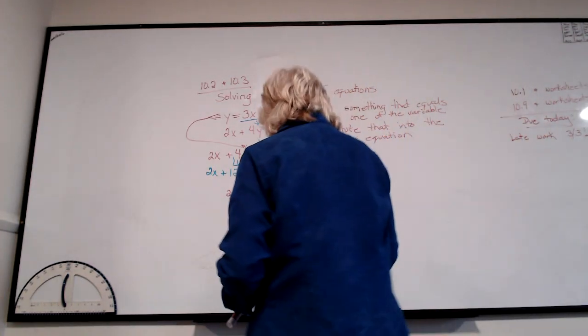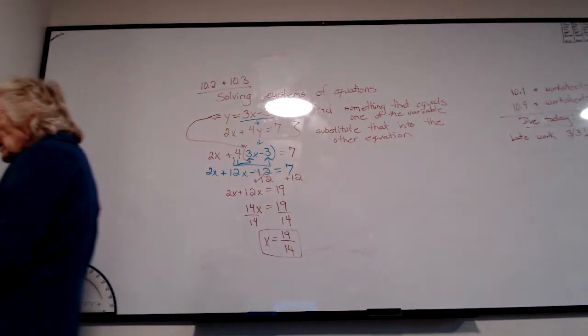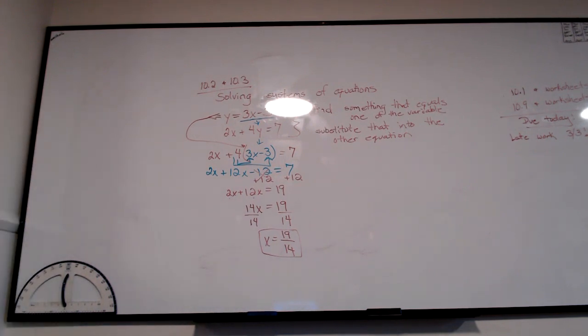So now, how do you think I'm going to find what y is equal to? Do we put it into 2x plus 4y equals 3x minus 3?